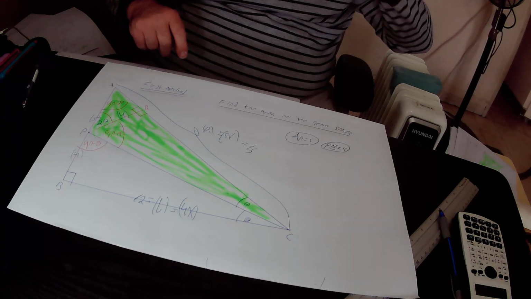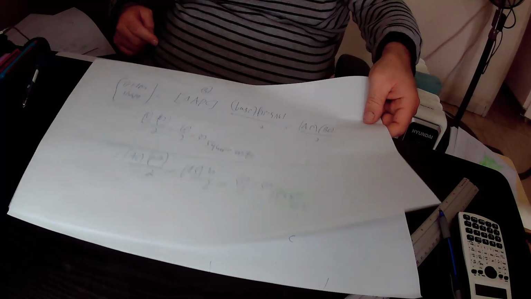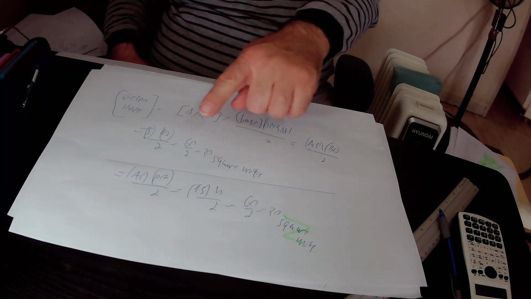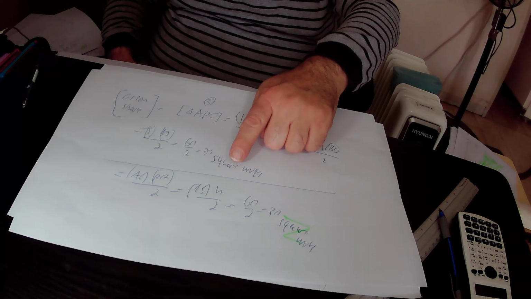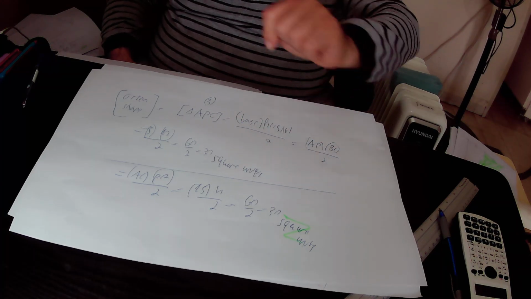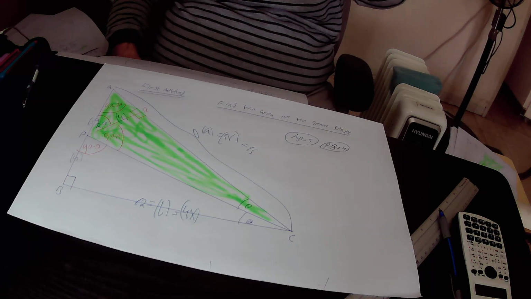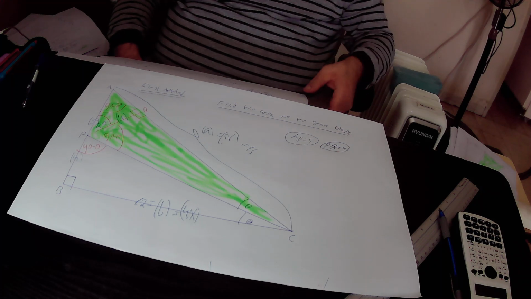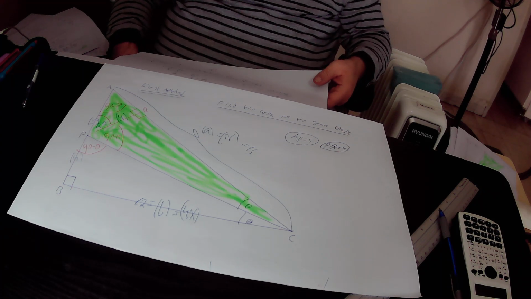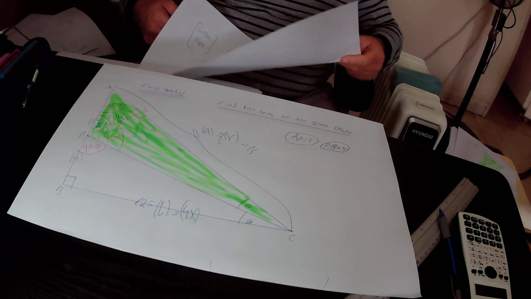Times the height to the base QP, that is 4, over 2. 15 times 4 is 60, and 60 over 2 is 30. So in both methods, we found that the area of this green shape is equal to 30 square units. In the next step, I will present how to find the area of this green shape according to the second method.